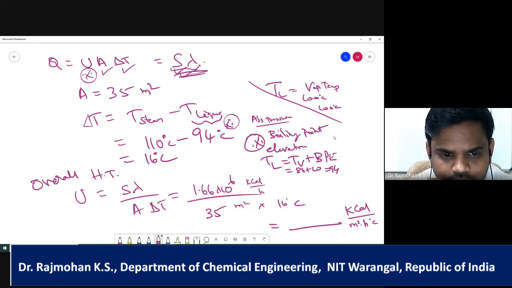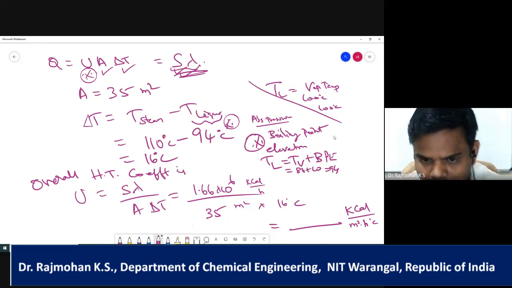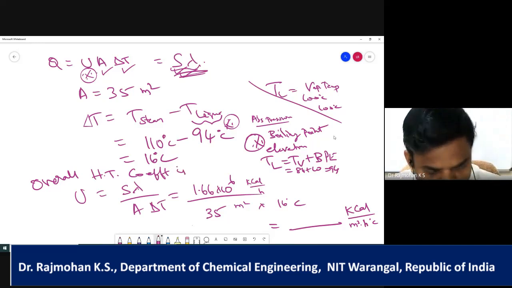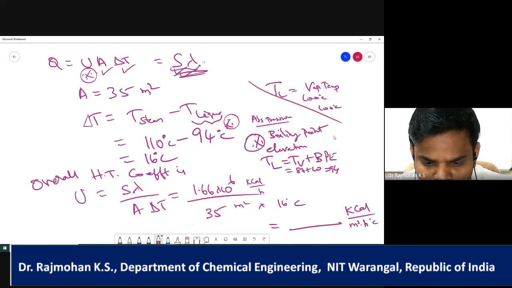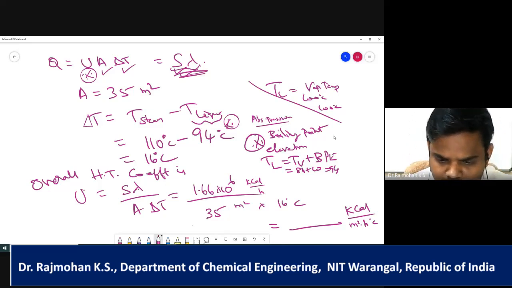Overall heat transfer coefficient is how much? Use the calculator. 1.66 into 10 power 6, divided by 35, divided by 16. So what you get is 2.96 into 10 power 3, that is 2964.3.